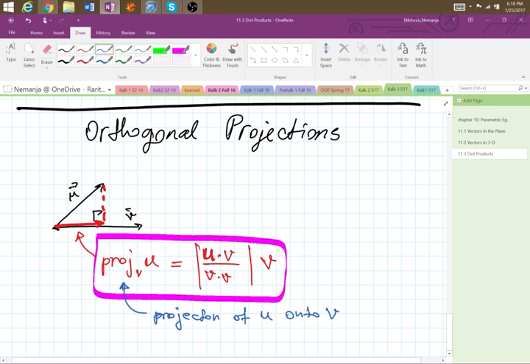I'll explain it better, then you will all understand a little bit of physics as well. These all have arrows because these are all vectors, obviously.